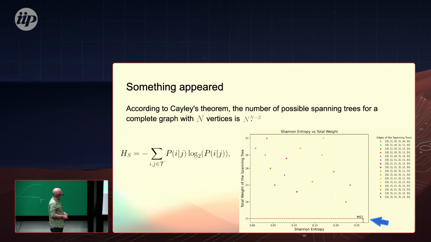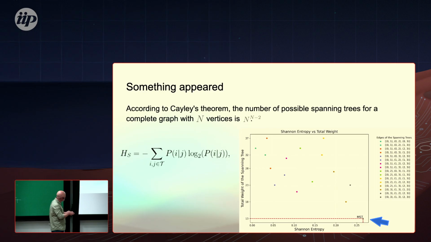Because if we calculate, for example, the entropy of this guy, the Shannon entropy, versus the total weight, we have many points, but notice this line, what is pointing. This point here corresponds to the minimal spanning tree. The minimal spanning tree corresponds to this, so this is the weight, but also this is the largest amount of entropy that I have.